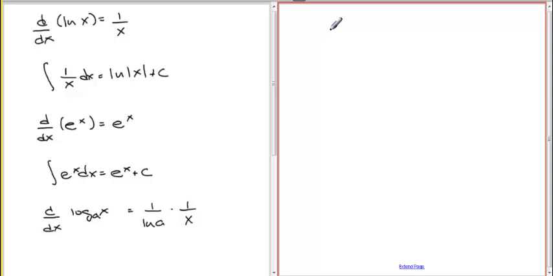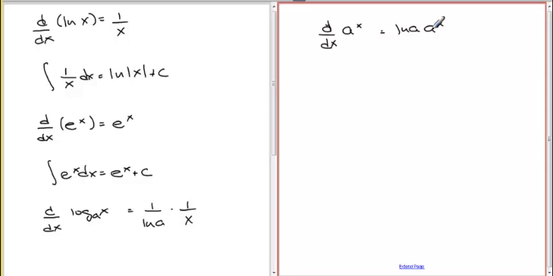We've got the derivative with respect to x of a to the x, and that is, I think, the natural log of a times a to the x, if I remember correctly, but I'm going to look at my sheet here.